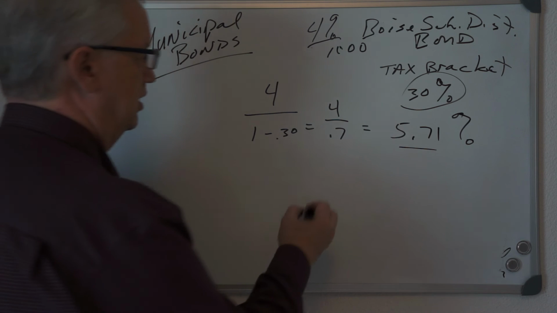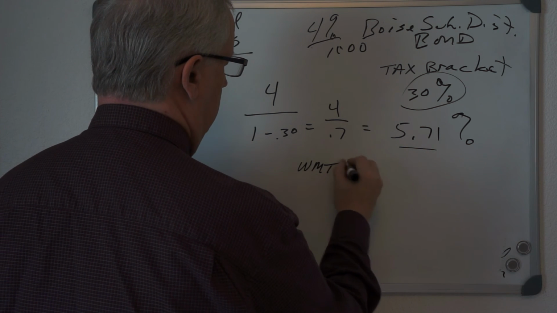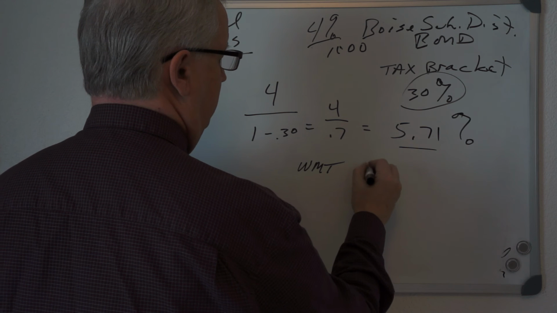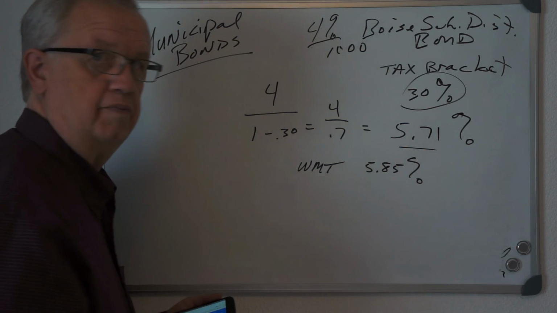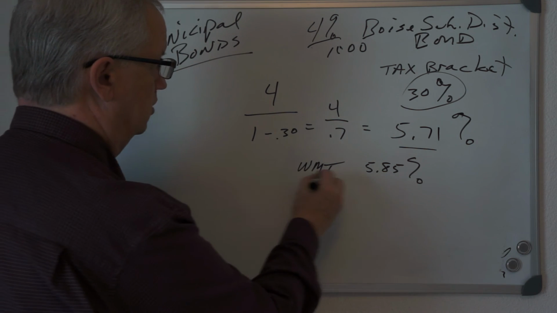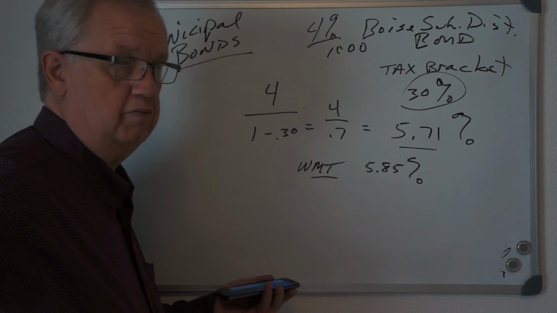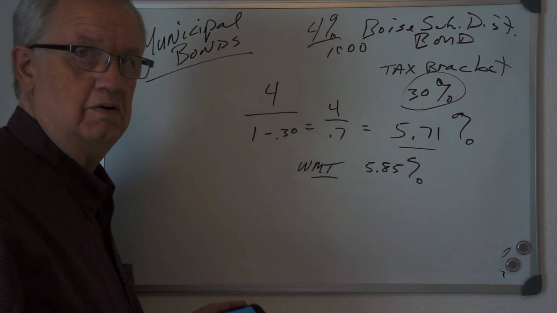Now, I look in the market and I find a Walmart bond at 5.85%. I show him that and I say, this is Walmart, a AAA company, no worries on the debt.